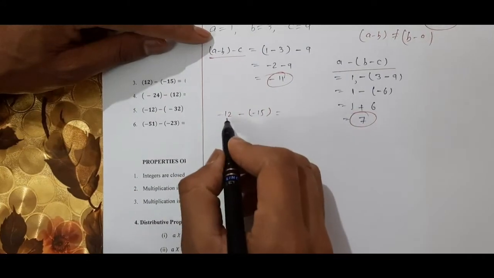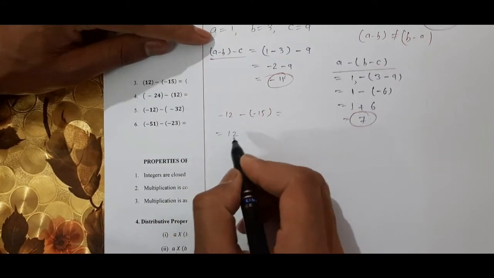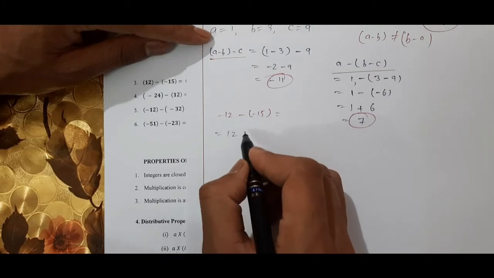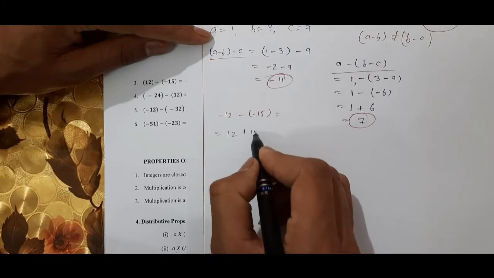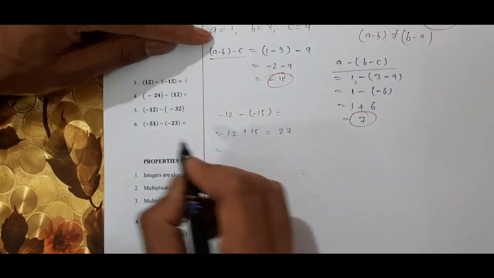Third example is 12 minus minus 15. Now 12 minus minus is plus 15. 12 plus 15 is 27.